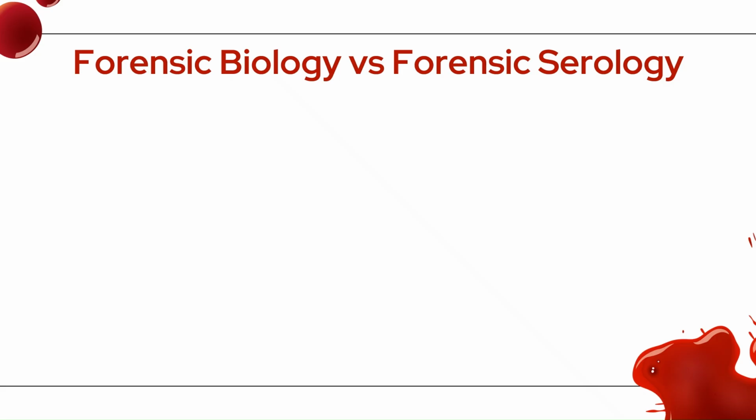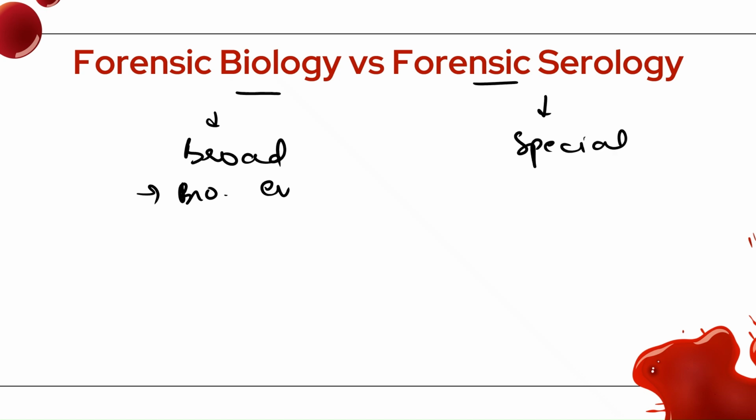Before we end today's session, I would like to clarify one point that often confuses beginners. Many people use the terms forensic biology and forensic serology interchangeably, but they're not exactly the same. Forensic biology is a broad discipline that deals with all types of biological evidences, whereas forensic serology is a specialized branch within forensic biology that primarily focuses on the identification and examination of body fluids.